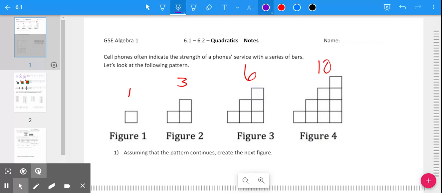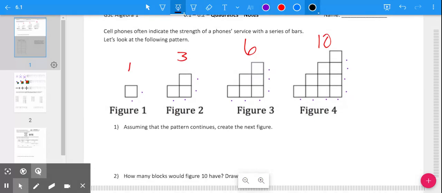So another thing I notice about it is figure 1 is this 1 by 1 square. Figure 2 has 2 at the bottom, 2 going up. Figure 3, 3 at the bottom, 3 going up. 4, 4 at the bottom, 4 going up. So when I draw the next figure, which is what number 1 is telling us to do, I know that I'm going to have 5 at the bottom, and 5 going up.